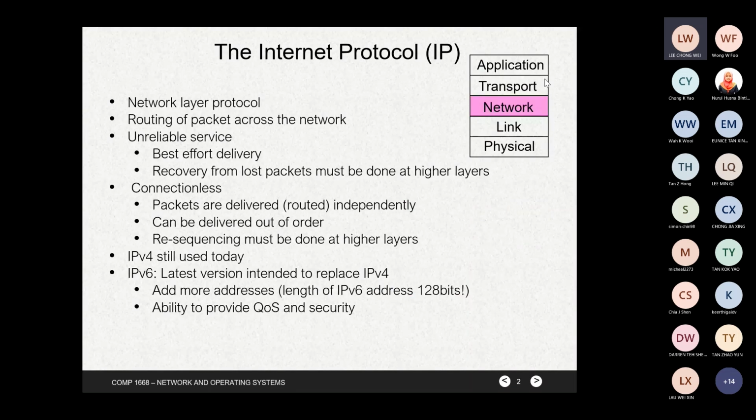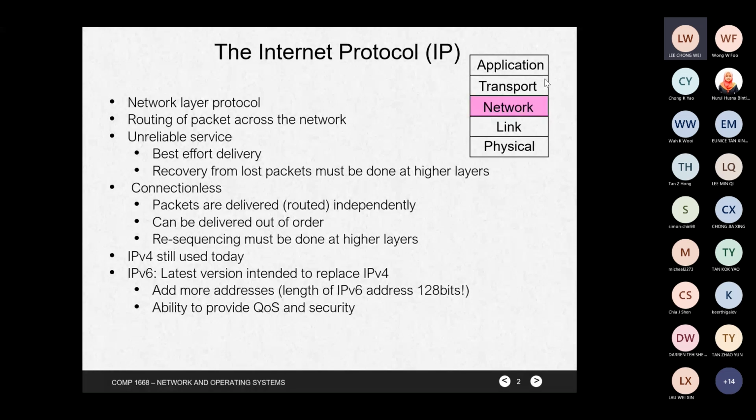IP, we have covered this in quite some detail through the discussion that we had on Friday. Basically, you need to discuss TCP and IP separately, because TCP is reliable, IP is an unreliable service. Both take place at the network layer, and as we covered last week, routing of packets or packet switching happens at the networking layer as well.